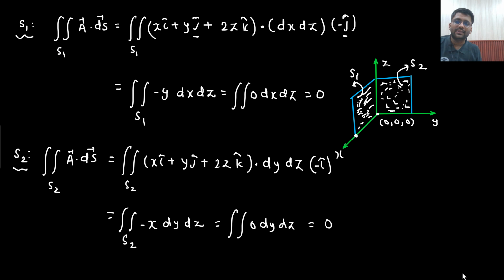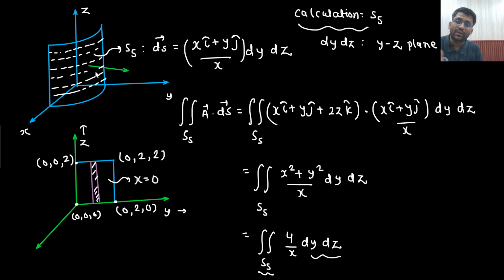Here someone would say, sir, you have put y equals 0 when you are on the S1 plane. Yes, because the calculation is for the S1 plane, and on the S1 plane y equals 0. On the S2 plane, x equals 0. That's why I put it.